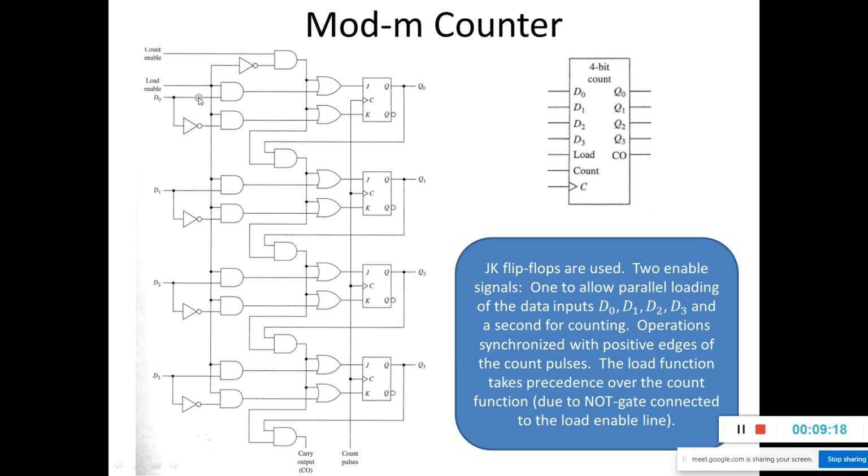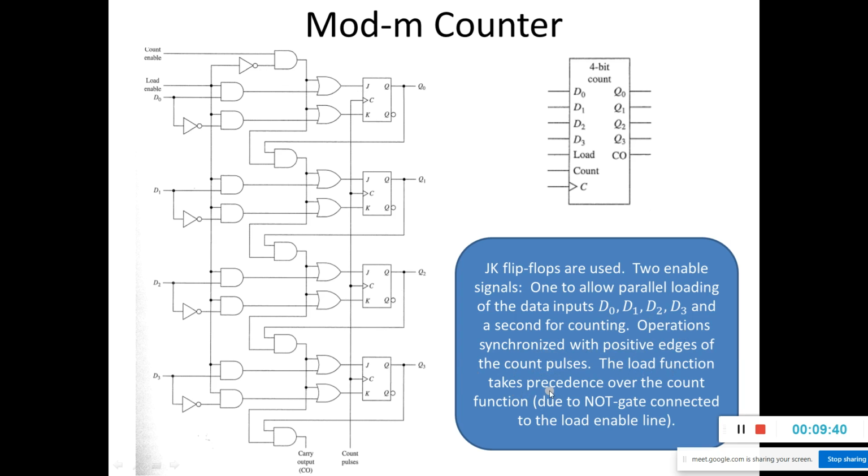If the load enable is 1, we will load the data D0, D1, D2, D3 into the JK flip-flops. If the count enable is 1 and load enable is 0, it will start counting. The operation is synchronized with the positive edge of the count pulses.